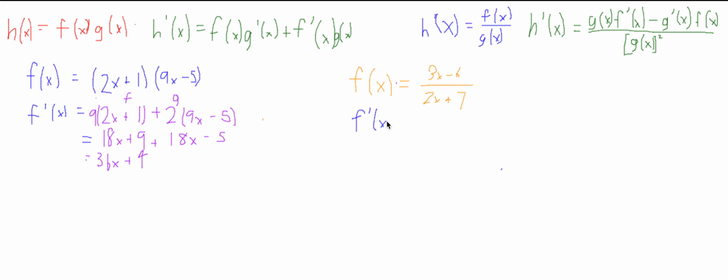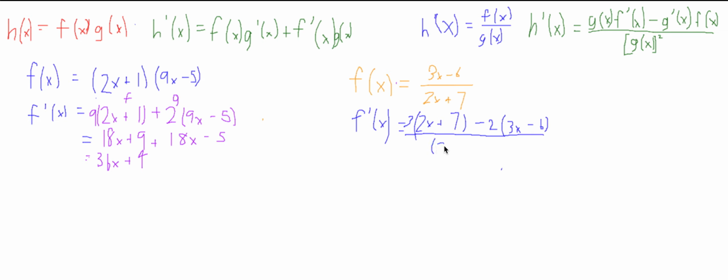So what we want to do is follow the structure of the formula. So we got g of x, which is going to be 2x plus 7 times f prime of x, which is 3, minus the g prime of x is going to be 2, times f of x, which is 3x minus 6, divided by the g of x squared.